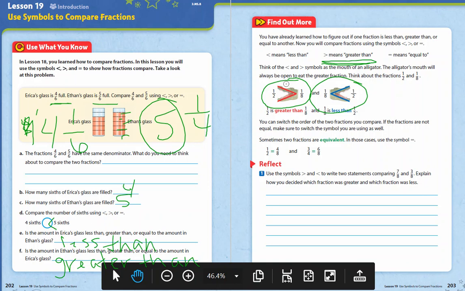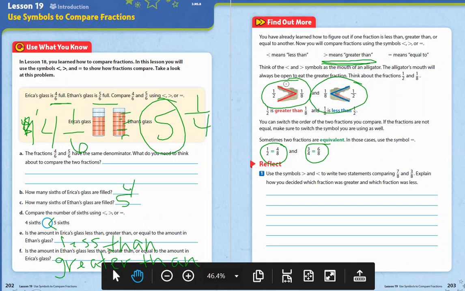Also, sometimes two fractions are equivalent. In those cases, we use the symbol equal to. So 1/2 is equal to 4/8. If they are equal or equivalent fractions, we put the equal sign because one is not greater than or less than the other.